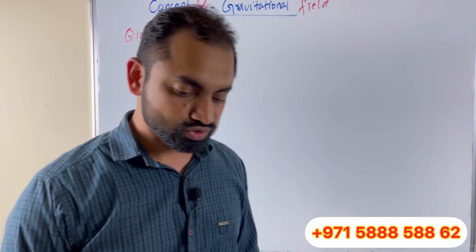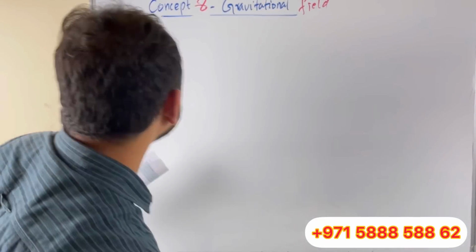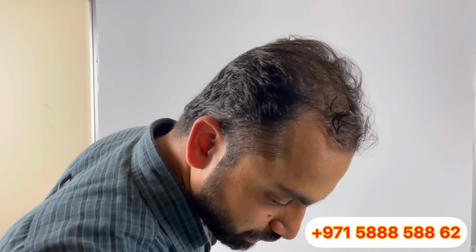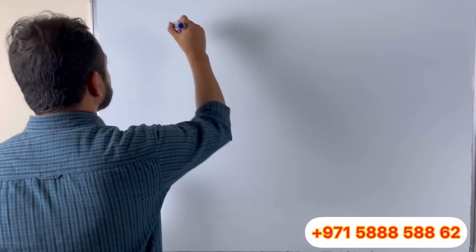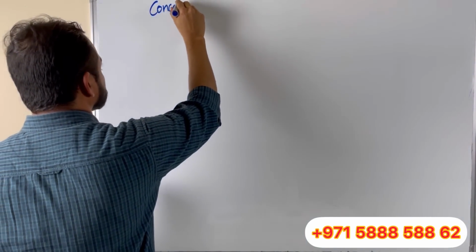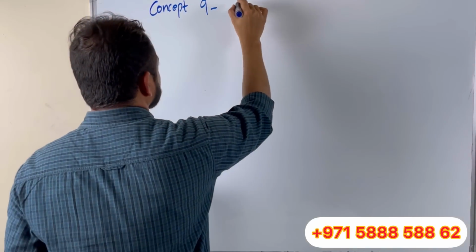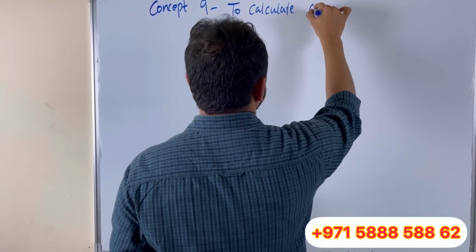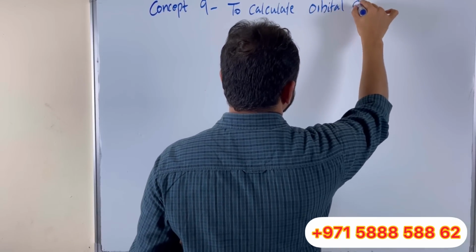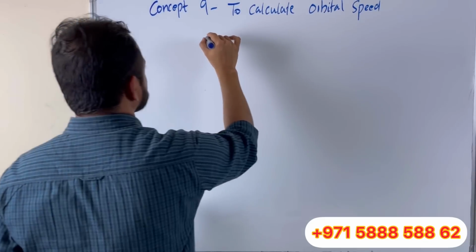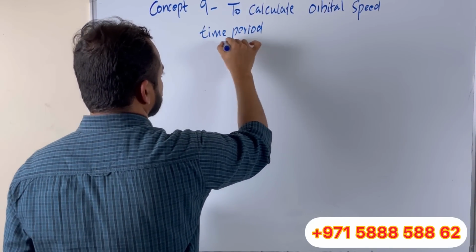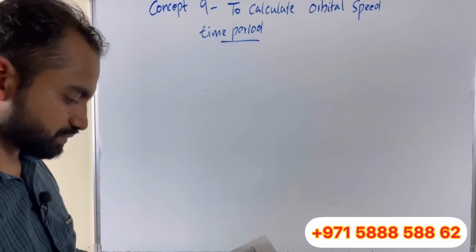So we will discuss concept number 9, to calculate the orbital speed and time period of satellites and planets.